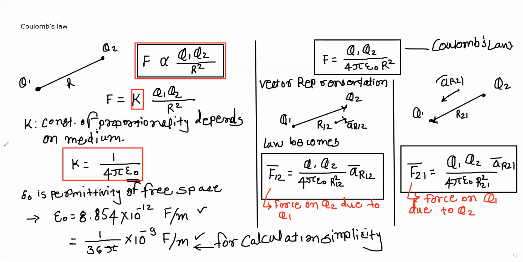Let me repeat the roll numbers: 3, 6, 10, 16, 20, 29, 31, 32, 34, 36, 40, 41, 43, 46, 47, 48, 51. Anyone out of this is present in the class?